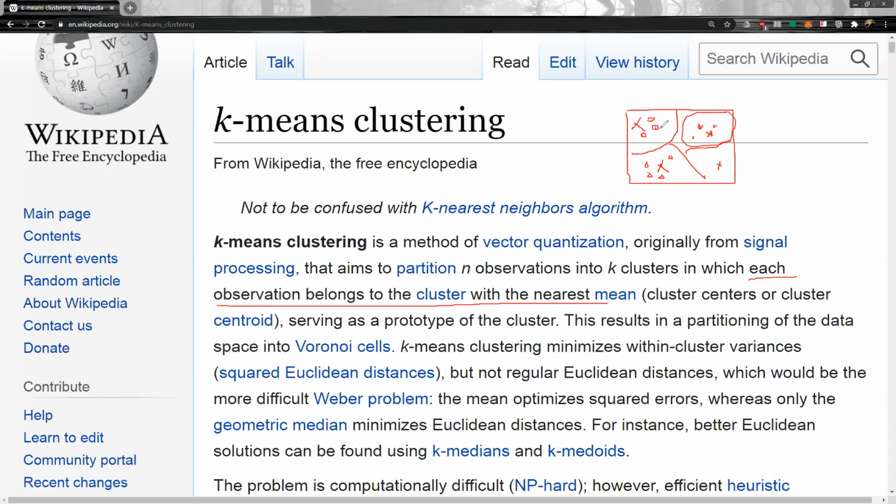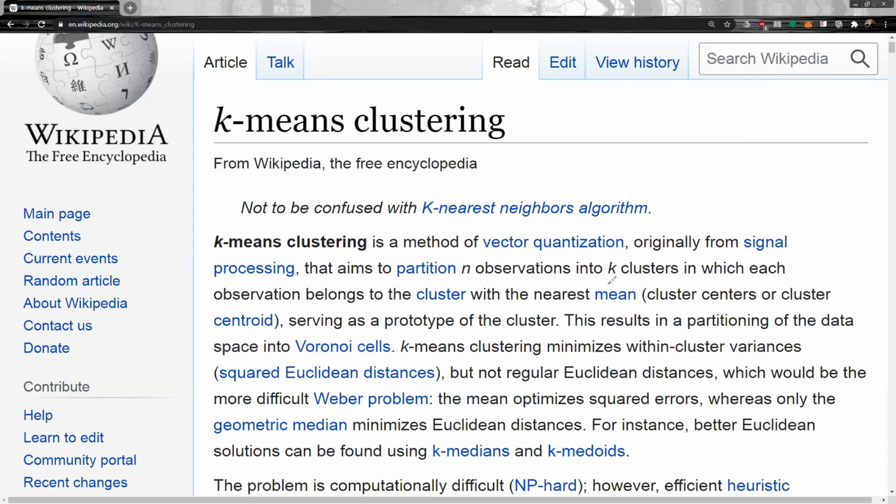This circle is nearest to this X instead of this or this. So that's why this circle belongs to this cluster. So each observation belongs to a cluster with the nearest mean.